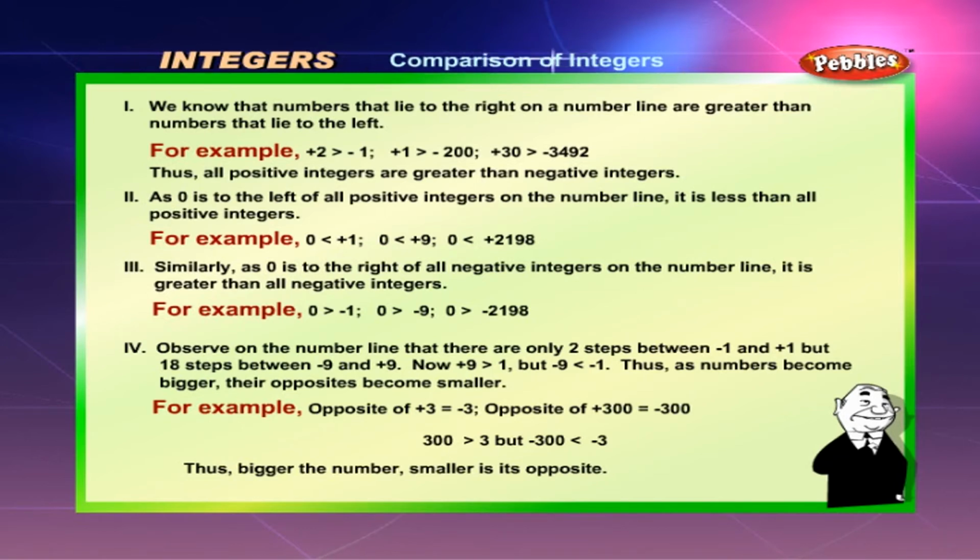For example, the opposite of plus 3 is equal to minus 3. The opposite of plus 300 is equal to minus 300. 300 is greater than 3, but minus 300 is less than minus 3. Thus, the bigger the number, the smaller is its opposite.